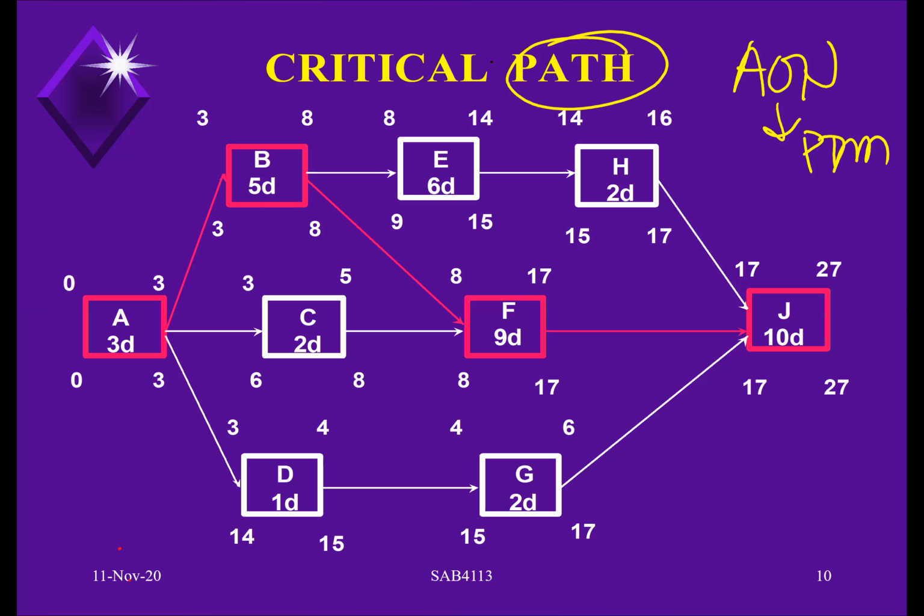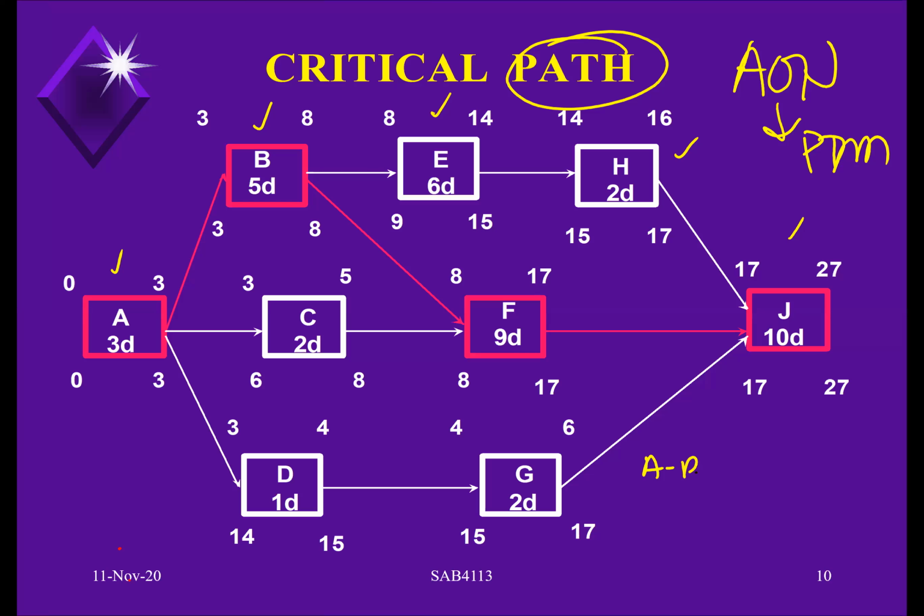For instance, if you look at this diagram, you will notice there are 4 paths. A, B, E, H, J can be considered one path from the beginning until the end of the project.